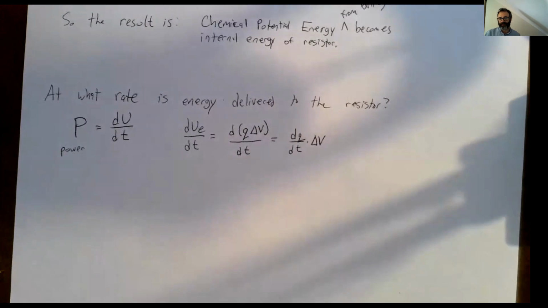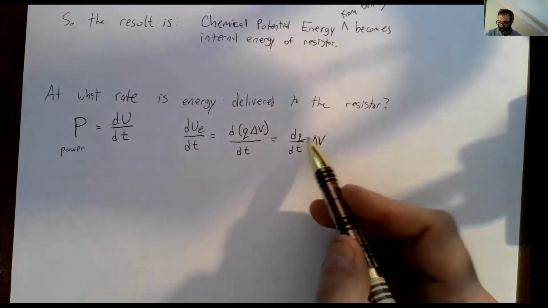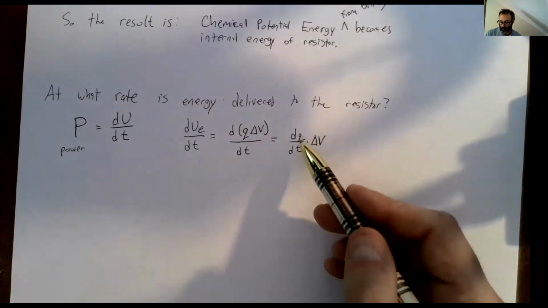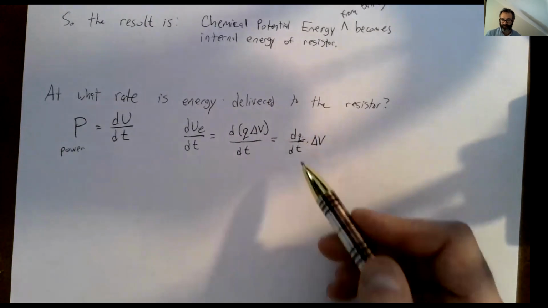is there another substitution I can make now? I think we have a definition. We've talked about what dq/dt might be. What quantity is that? dq/dt, right? Q is the charge. So this would be the rate of charge moving past a certain point in a given amount of time.